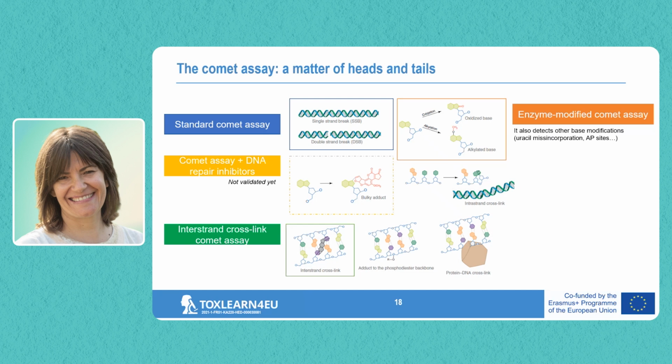While the DNA is being repaired, you can get breaks there. It's also something you have to take into account when interpreting the results. So there is a way to stop the repair, and then the breaks increase.